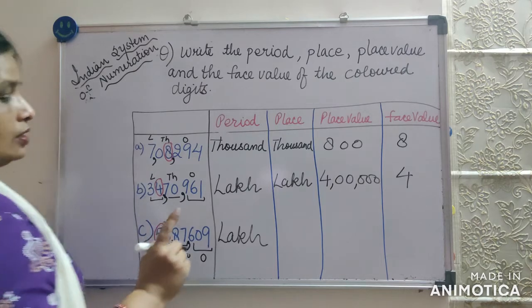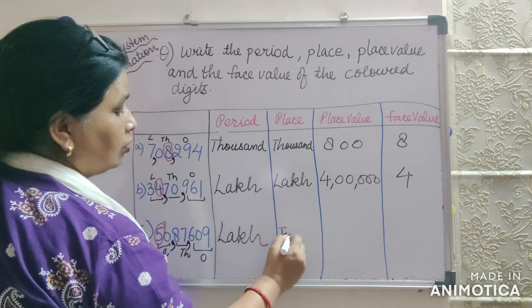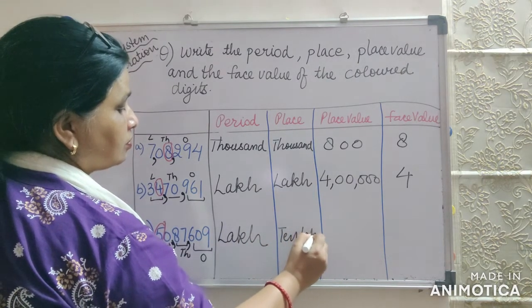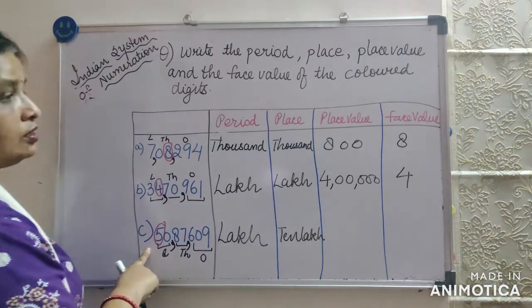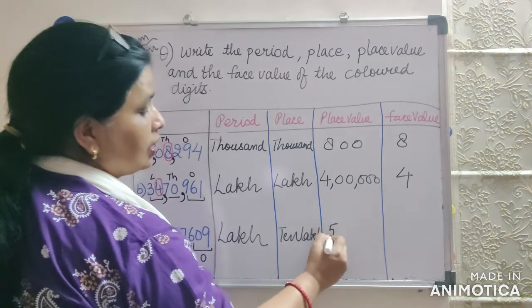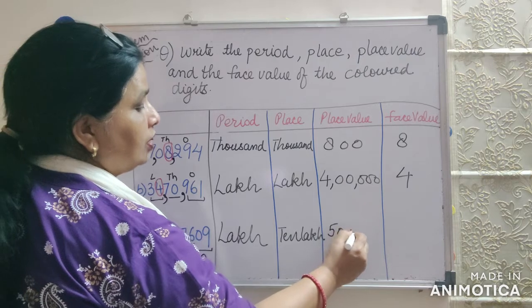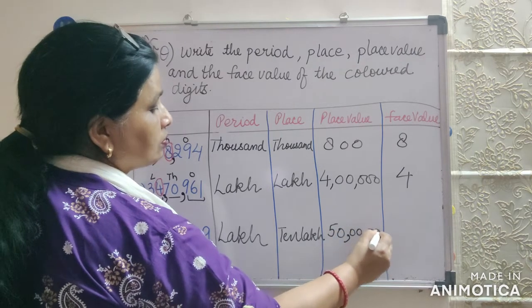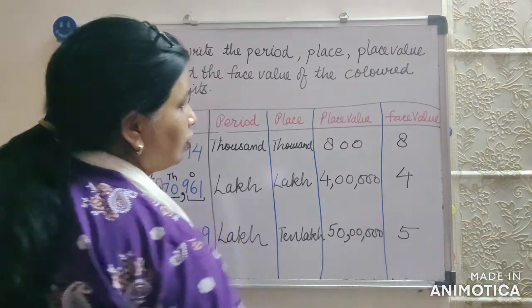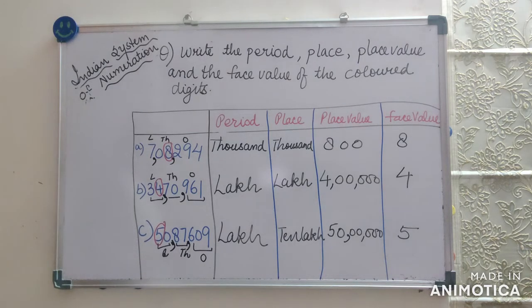So you will write down the place as 10 lakh. And what is the place value? 5 into 10 lakh. 5 tens means 50 lakh. Right? And its face value will be 5. So children, like this you will just take out period, place value and face value. I hope it is clear to you.